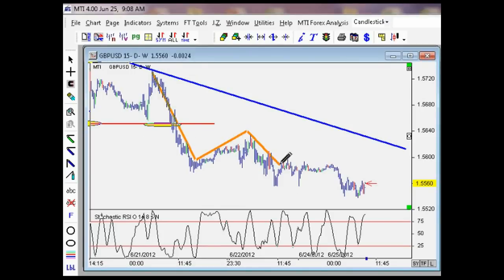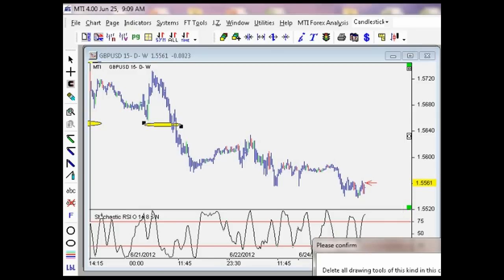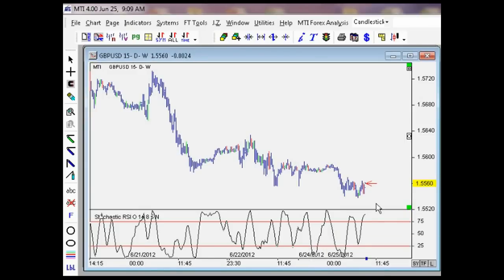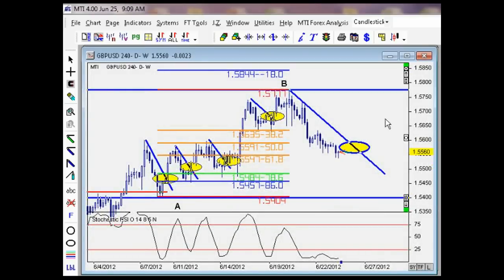Lower lows, lower highs, lower lows, lower highs. Beautifully, it's making a bearish trend. Really no complaints there. But if the market breaks this downtrend line, we have to realize that this bearish movement that we have experienced was short term until the 4-hour found its C.